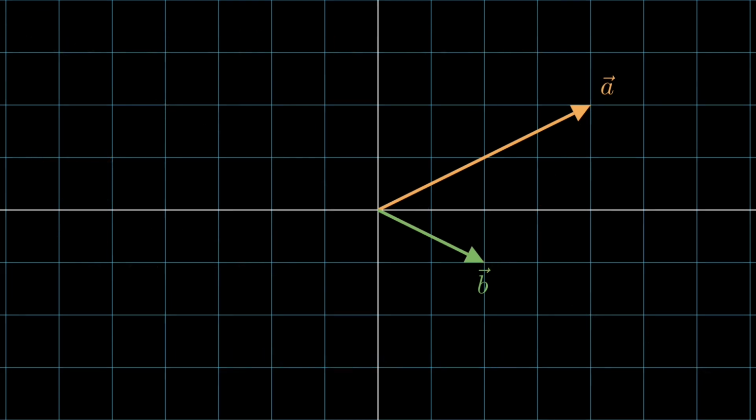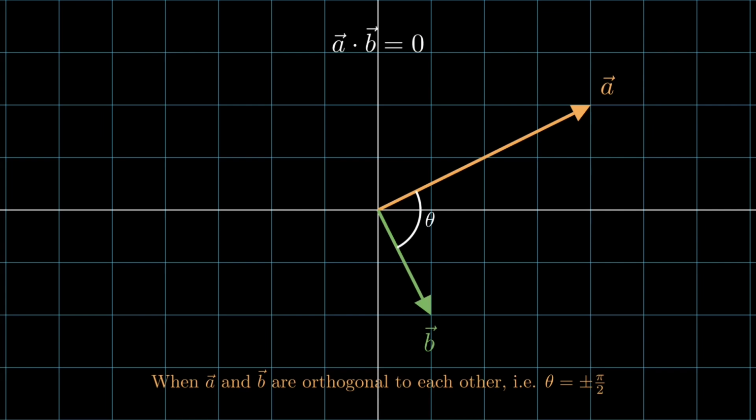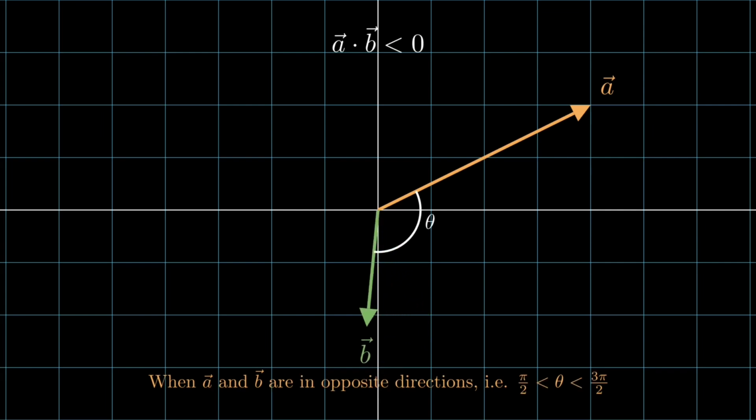Now, once again we track back to the idea of the angle between the vectors and see how the dot product changes with that. When the vectors point in the same general direction, the dot product is positive. At right angles, that is, when the vectors are perpendicular to each other, the dot product becomes 0.